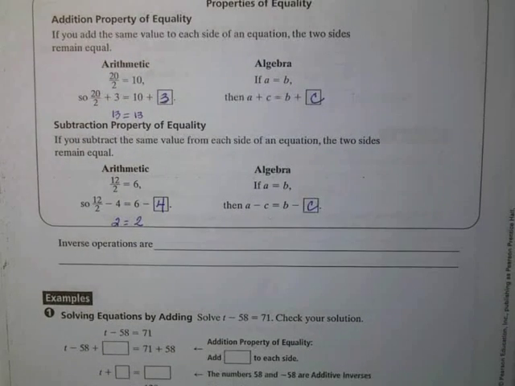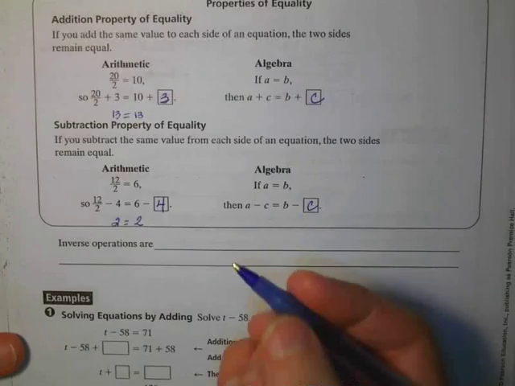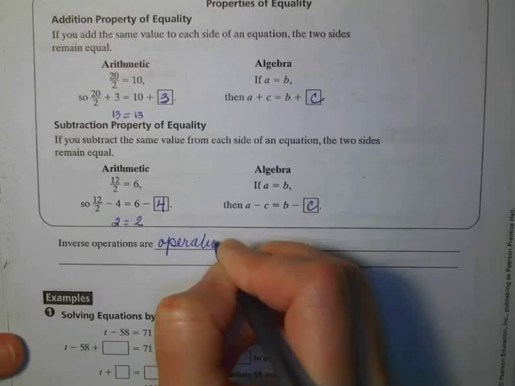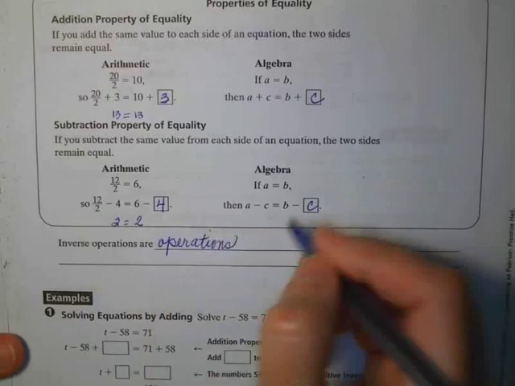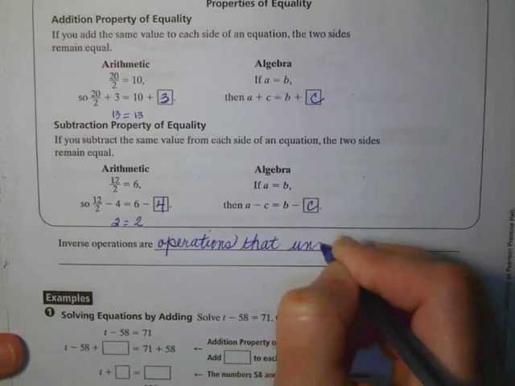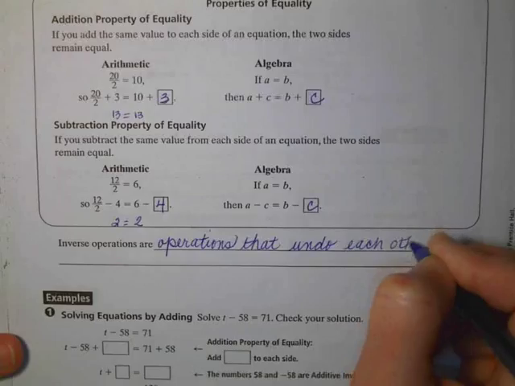Okay, so along with these two concepts, we have the definition or idea of inverse operations. And inverse operations are operations that undo each other.